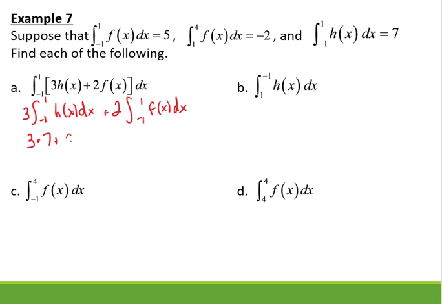For b, we know that this equals the negative integral from -1 to 1 of h of x dx. So that equals -7. Now for c, I'm going from -1 to 4.